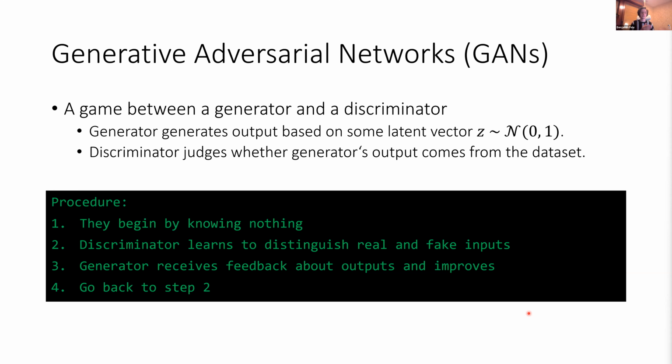But since the discriminator learned to distinguish these two groups of data, the generator receives feedback about its outputs and improves. And it's all done through the gradient descent that I talked about earlier. And then since the generator has improved, the discriminator has to learn again how to distinguish them. And it's kind of an endless cycle until they both converge.